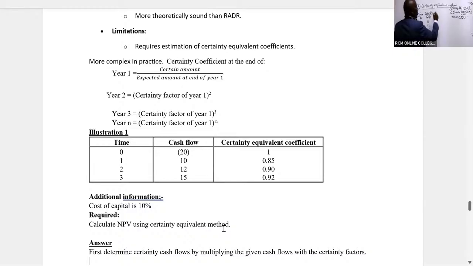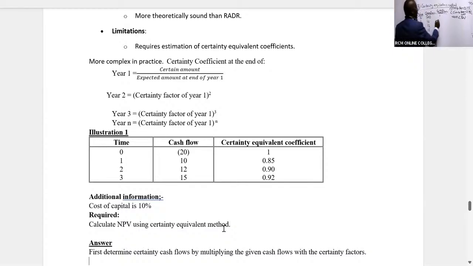And then we have what we call the CEC, the certainty equivalent coefficients, for you to remember this. So you can see the first one there is 1.